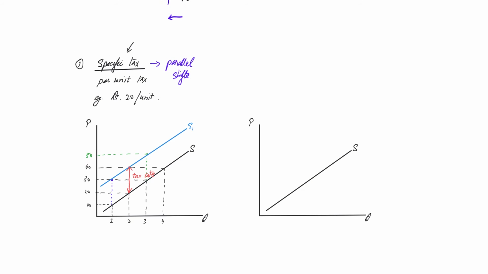The second one that we have is called an ad valorem tax, and this one's a percentage based tax. Okay, let's say instead of 20 rupees, the government is saying we want 20% tax on the price or the value of the good. So you're thinking to yourself, okay, the first unit, I'll change the good this time and I'll say, for simplicity purpose, the product's price was 100 rupees.